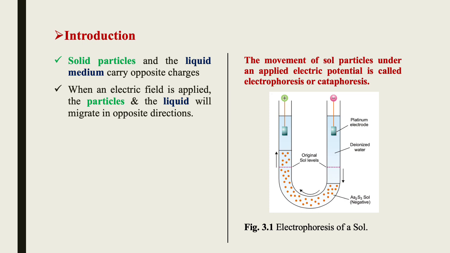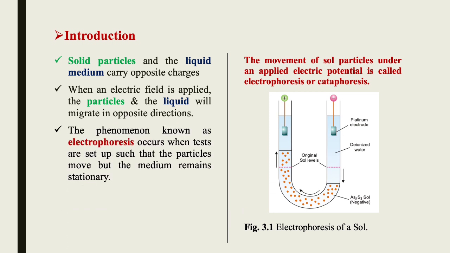Then if you apply the electric field, they will migrate in opposite directions. One will go to the positive end and another will go to the negative end. So that is the first criterion.